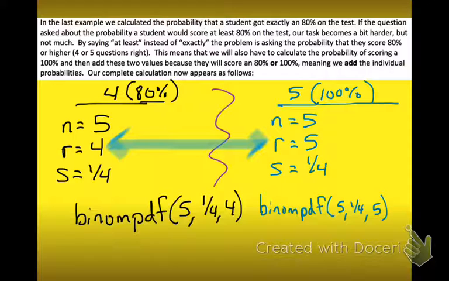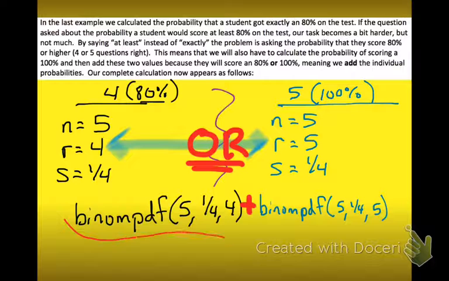And now to find this, this becomes an OR problem. And if you recall, when we're doing OR problems, we're going to add in the middle. So you can try and put this whole thing into your calculator and see what this whole thing is.